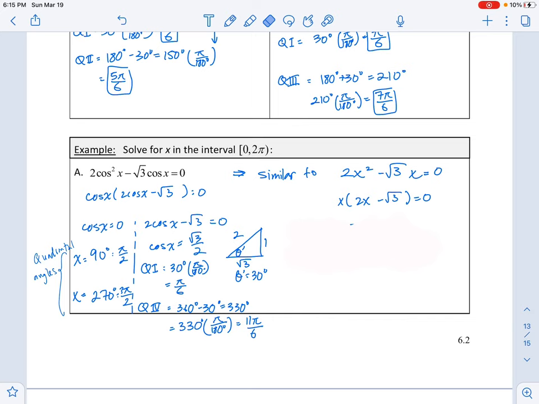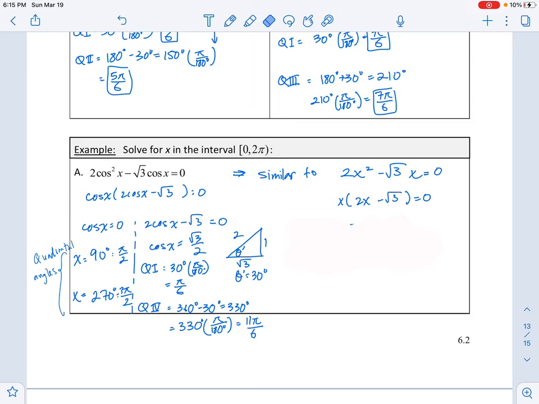So in quadrant 1, the reference angle is the appropriate angle of 30 degrees, which in radians would be pi over 6. In quadrant 4, I'm going to do 360 minus my reference angle to get 330 degrees, which is 11 pi over 6.